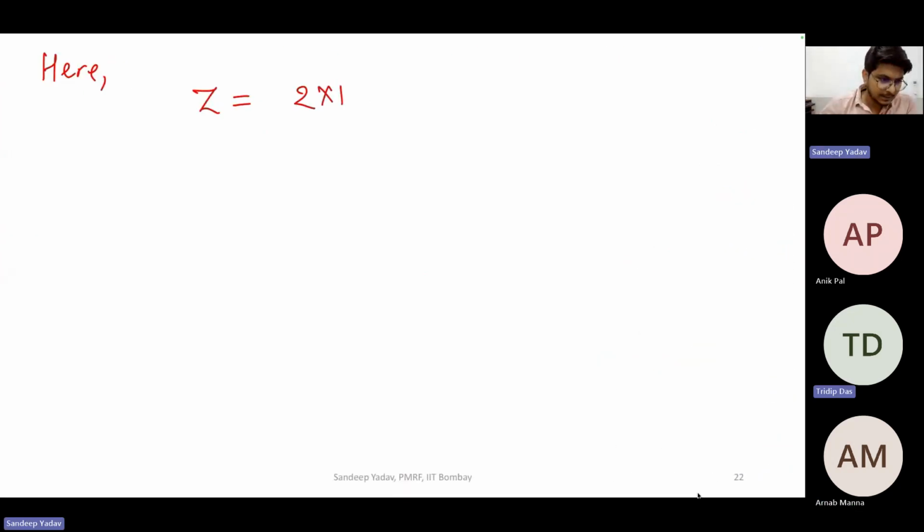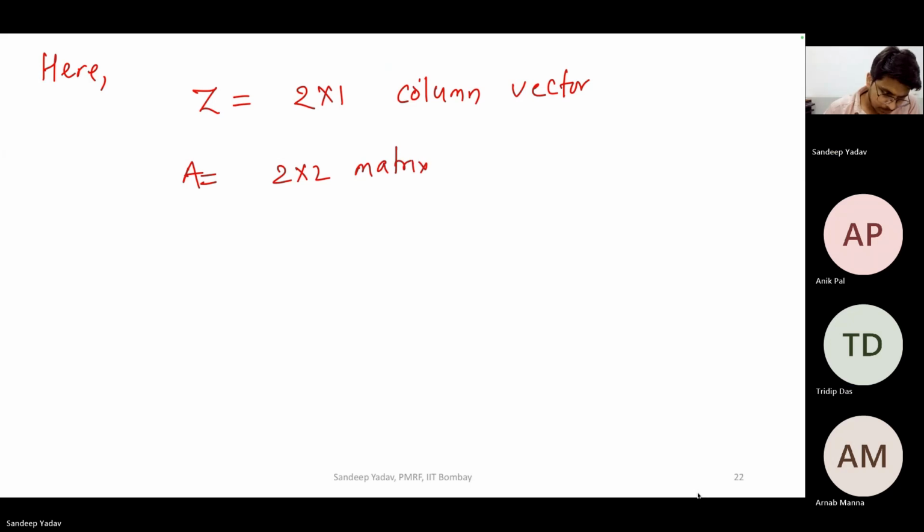So that thing I'm explaining in detail now. Z, we know, is a 2 cross 1 column vector, and A is a 2 cross 2 matrix of coefficients, or we can call it a technology matrix.